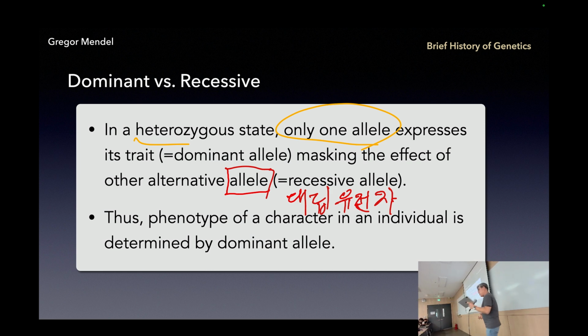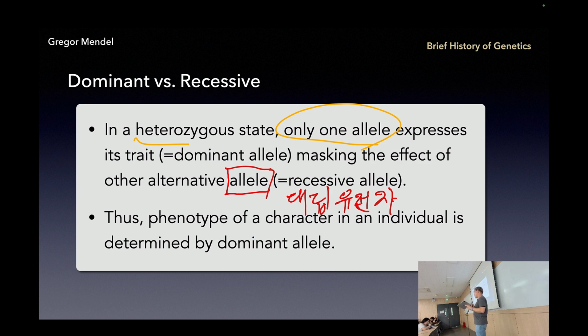Or should I rephrase this question? What is the maximum number of different alleles a single individual, a human, can have for each different character? How many?